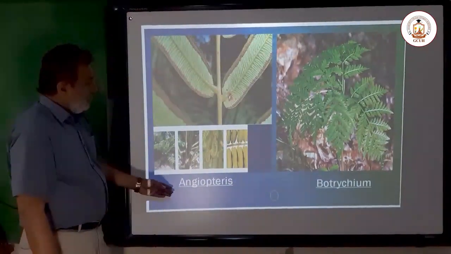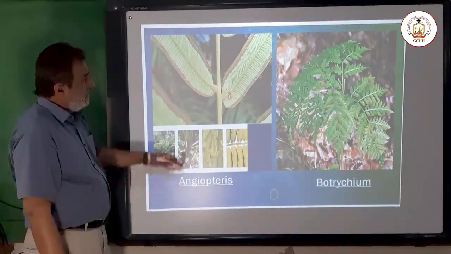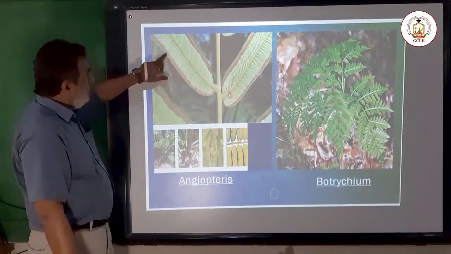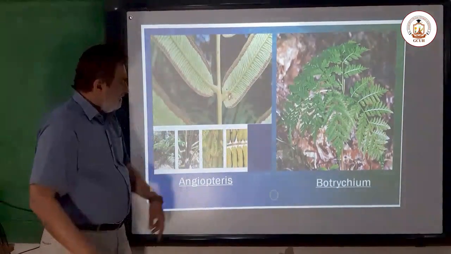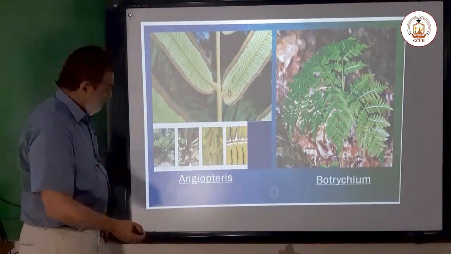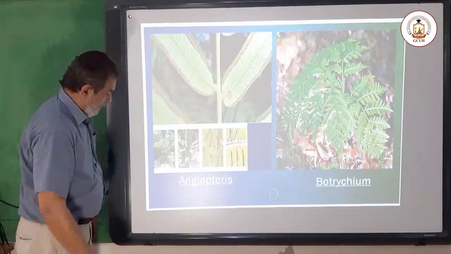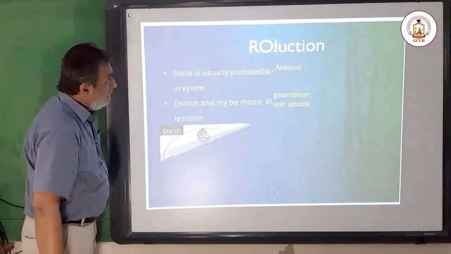That is Angiopteris, where the leaves are different, and you can see the spore-producing structures at the border of the leaves.